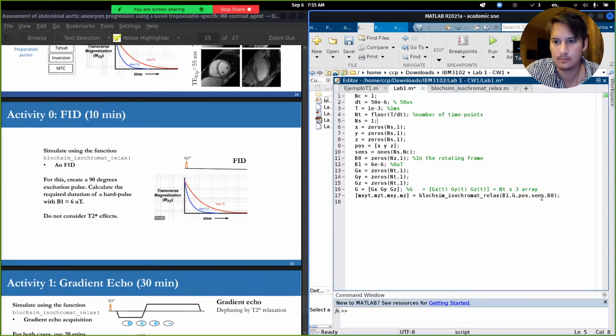Okay, so we have V0, the coil sensitivities, the positions, the gradients, and the V1.